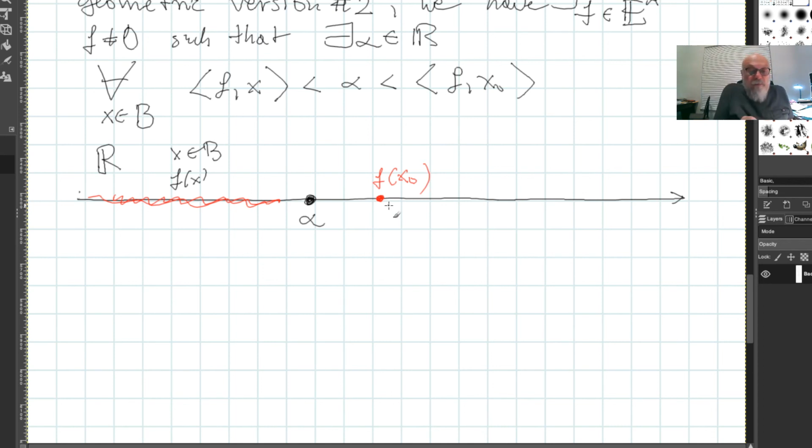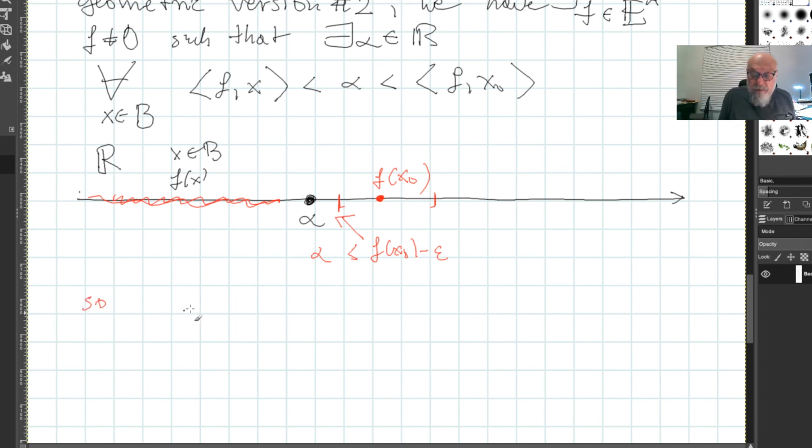So of course you can choose an epsilon sufficiently small, so this point here, f of x naught minus epsilon, will be still larger than alpha, and the other one doesn't matter.